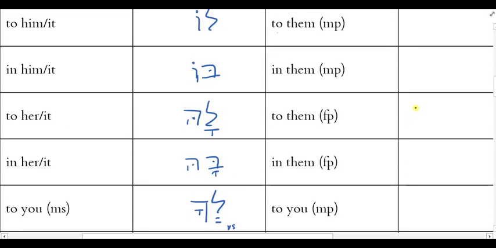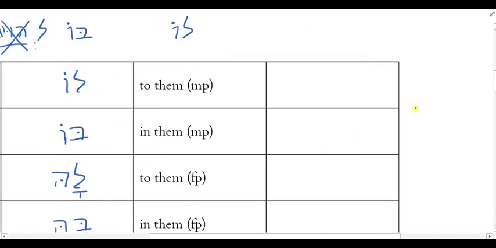Alrighty, so how would we say "to them," and that's third masculine plural? Okay, good. So lahem. Excellent. Hem, lahem. And so "in them" would be what? That's right. Bahem. And then what was our other form?